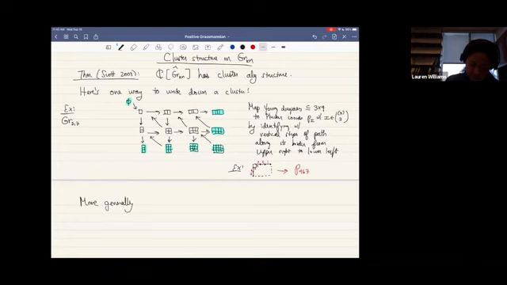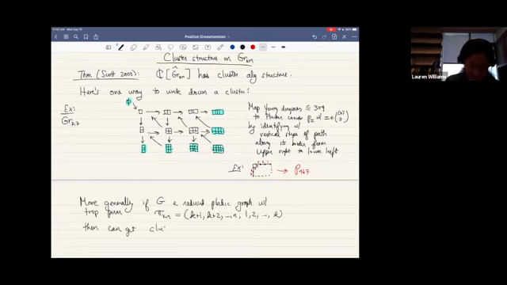But more generally, if G is a reduced plabic graph with trip permutation pi k,n, which is the following permutation, then we can get a cluster quiver for Gr(k,n) as follows.